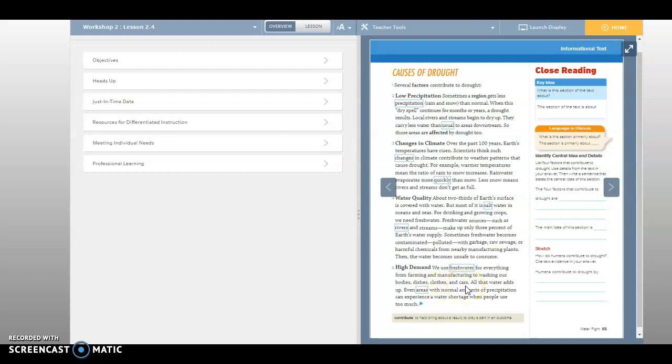Okay, all those things affect drought. Okay, once you have that, let's go ahead and get that turned in. This is page 85.